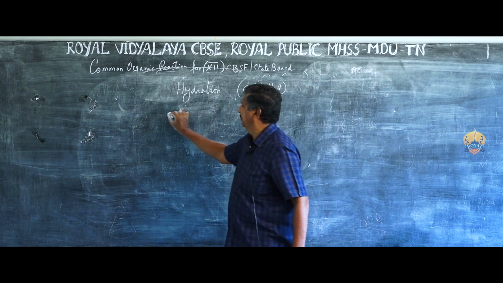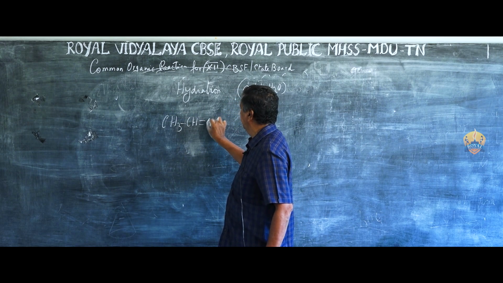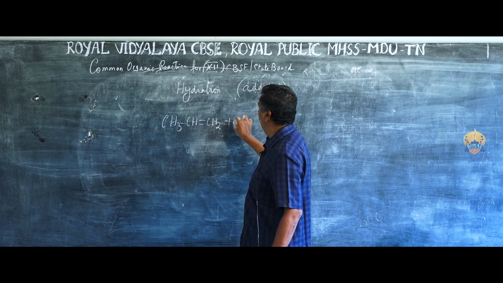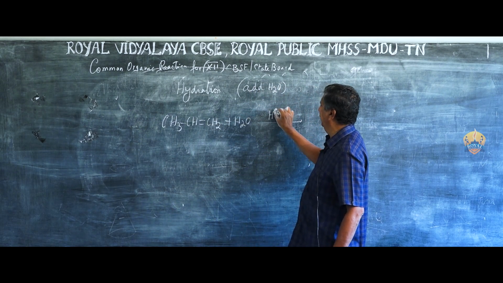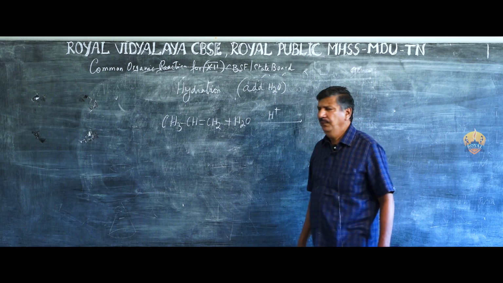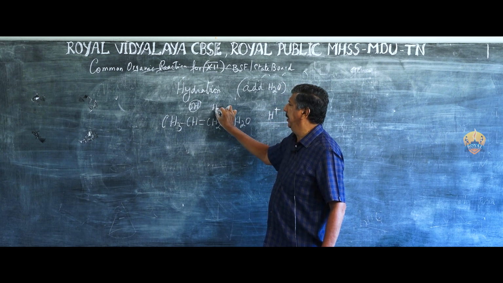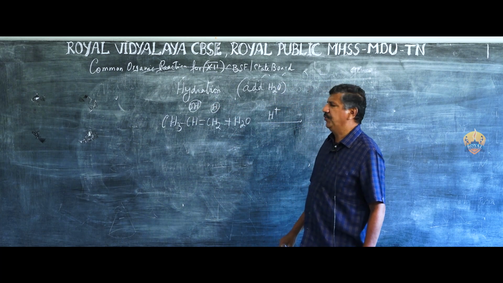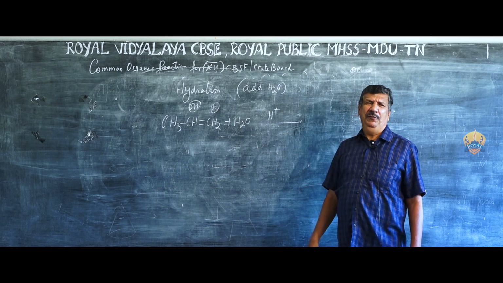Like this, you take one compound, you add water. This is the condition, acid. What you will do? OH in the middle and H in the extreme. It is based on Markovnikov rule.